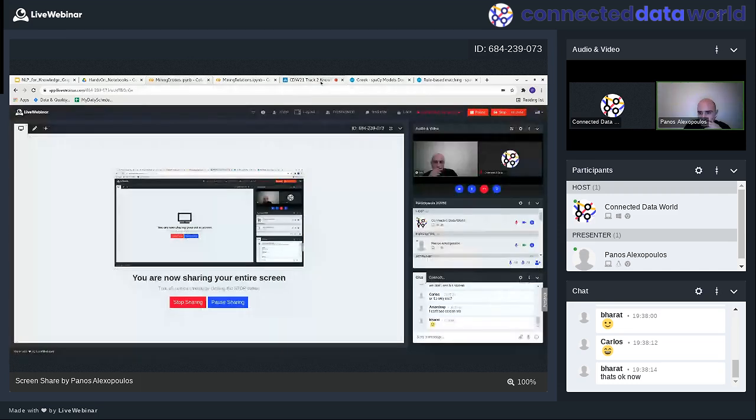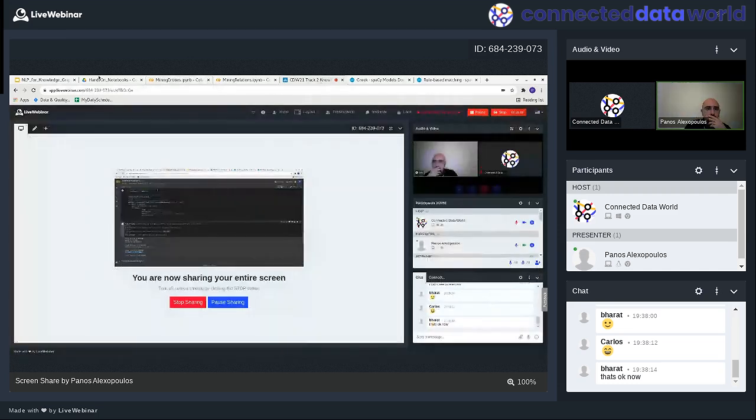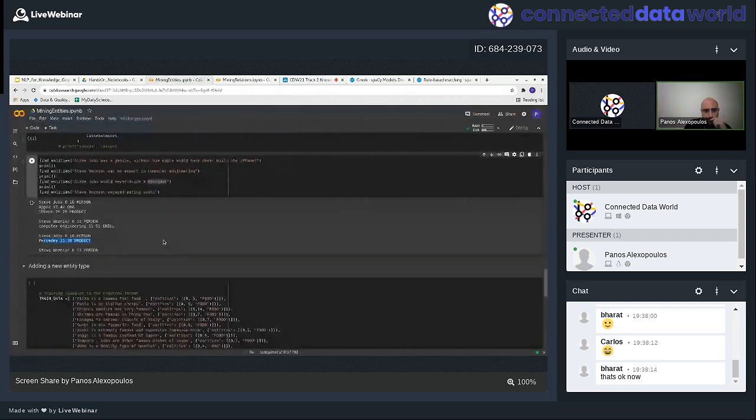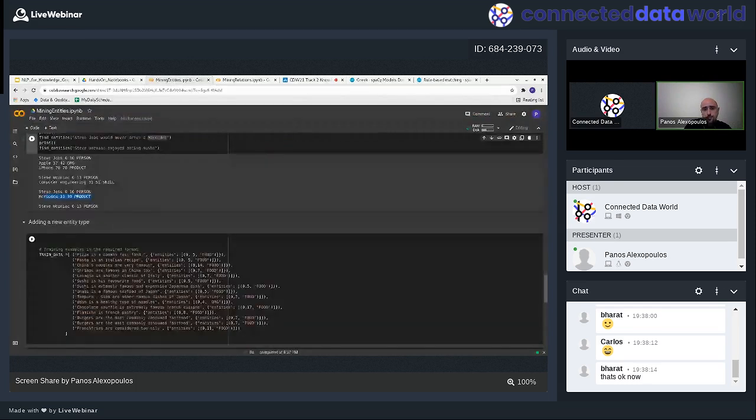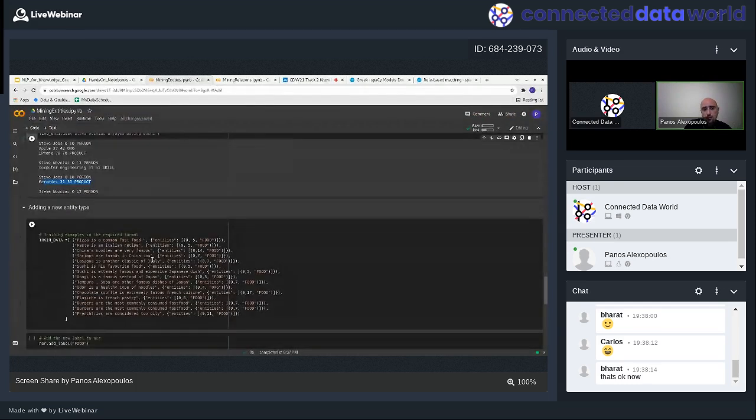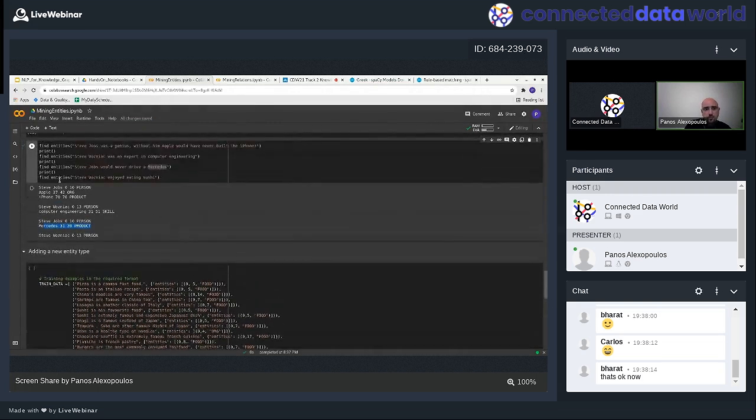Okay. Now, additionally, if we want to support a new entity that is not supported, let's say, for instance, food. So let's say that we want to be able, when it says Steve Wozniak enjoyed eating sushi, to identify sushi as food.